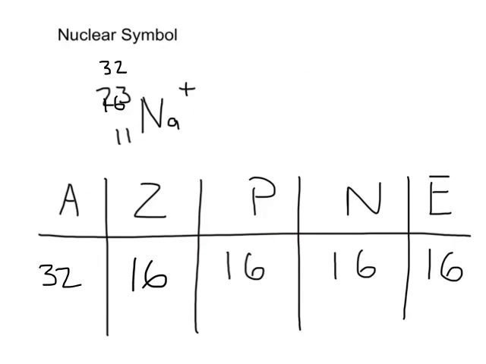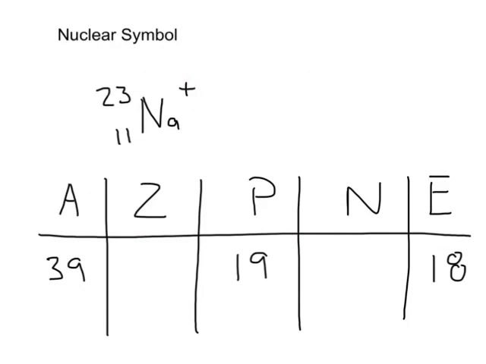I'm going to have to hunt on the periodic table to find my symbol, and remember that the protons, represented by the atomic number, tell you what element it is, and it's unique to the element. So be careful, don't look up the mass number to find your element. Make sure you look up the atomic number, and atomic number 16 is sulfur. Okay, I'm going to check to see if I have a charge. I have 16 negatives and 16 positives, so I have 0 charge on this one, so I just don't put anything there, and I'm done.